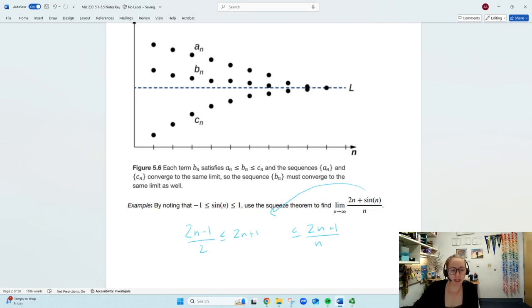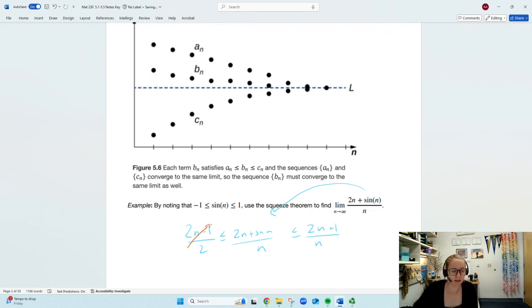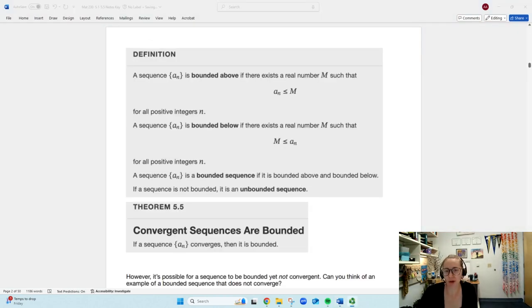So 2n plus sine of n over n: well, this thing converges to 2, and this thing also converges to 2. So my middle one also has to converge to 2. It's like a sandwich.